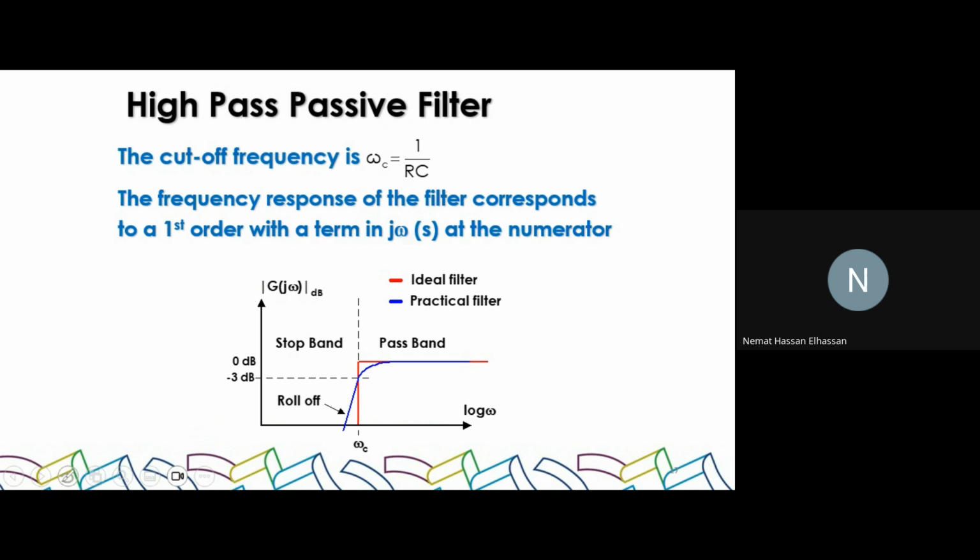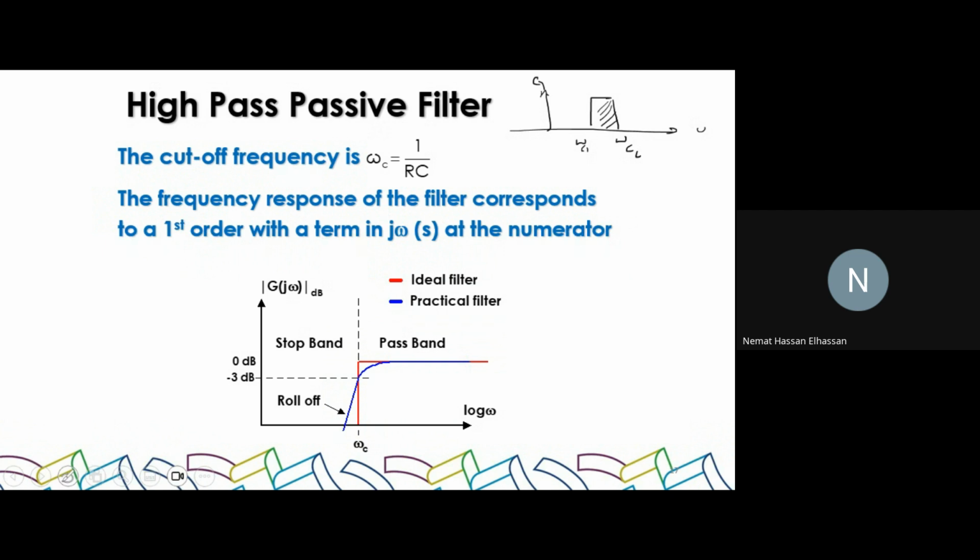Now we know how to build a high pass and how to build a low pass filter. At the beginning, I told you we have 4 types: high pass, low pass, band pass, and band stop. The high and low are the building blocks that we use to build the band pass and band stop. How so? Let's say that I want to build a band pass filter. Just a quick reminder, a band pass filter is a filter that will allow only a specific range to pass between cutoff frequency 1 and cutoff frequency 2. And everything else will be blocked, right?